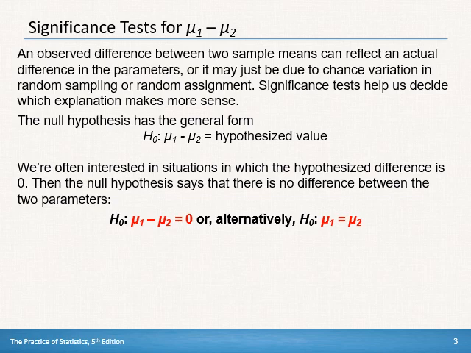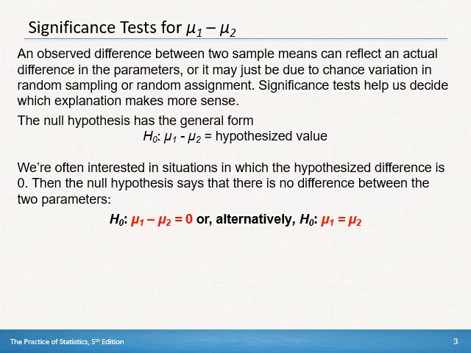If the hypothesized difference is not 0, you cannot use your two-sample t-test in your calculator. You have to do it by hand. Your calculator is set up only to evaluate the evidence against the null hypothesis when the hypothesized value is 0.